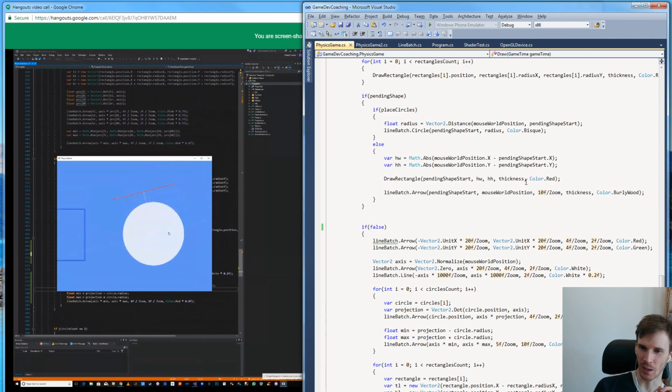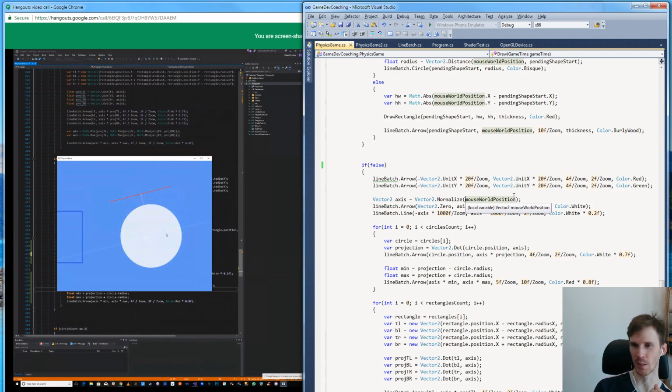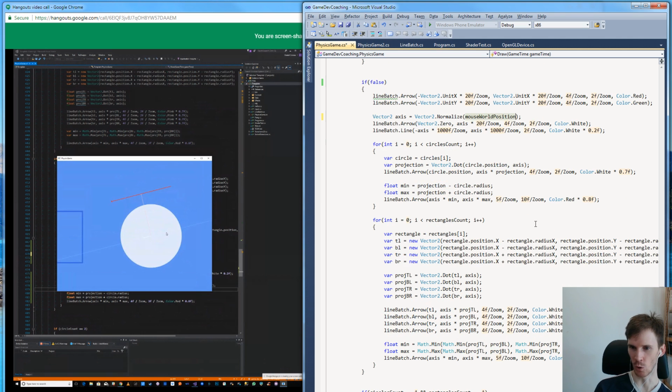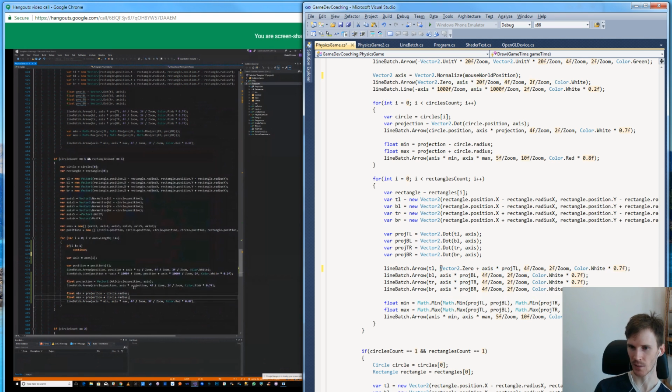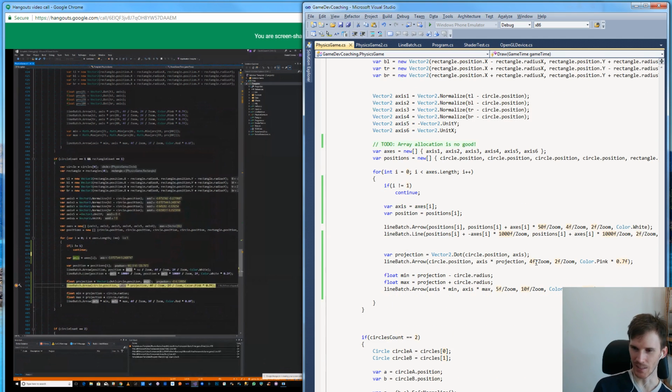Before, when we had an arbitrary axis, we were going world mouse position relative to vector 2.0, and then when we went to draw along this axis, we were eliding a vector 2.0 plus this, because the axis is non-spatial. But we've elided it here. Yes, so this is the point.